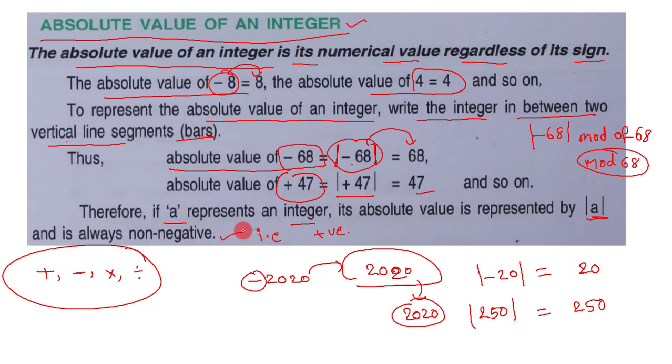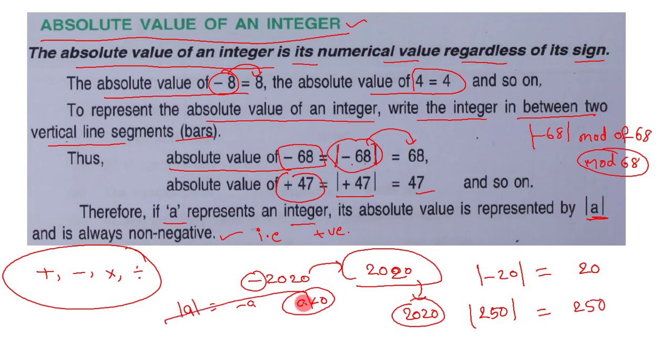It's positive, that is, non-negative. If someone says that mod A is equal to minus A, then it would be wrong, or it may be that A is less than 0.